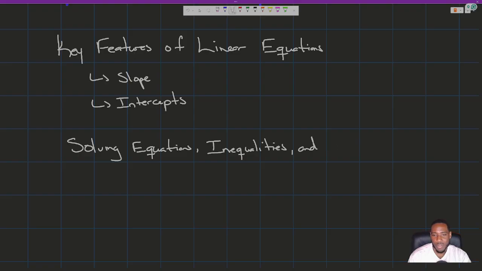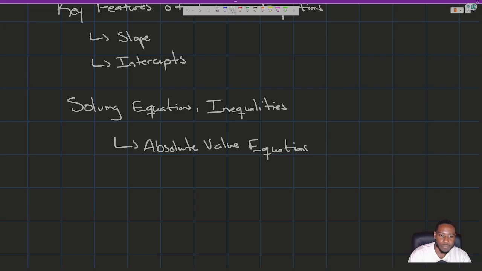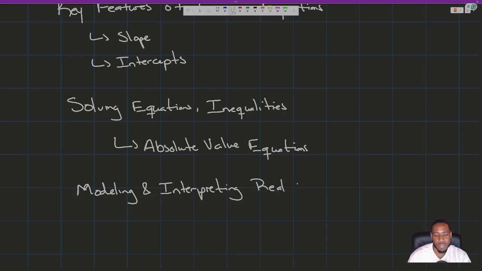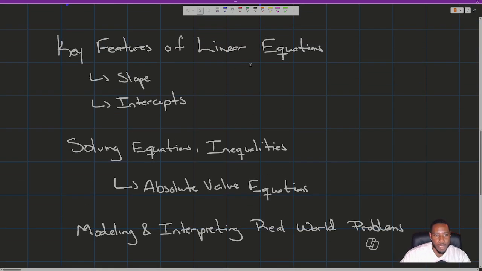And you want to make sure that you are good at modeling and interpreting real-world problems. Okay. So this is your kind of checklist to make sure that you're fully prepared for this CA1.